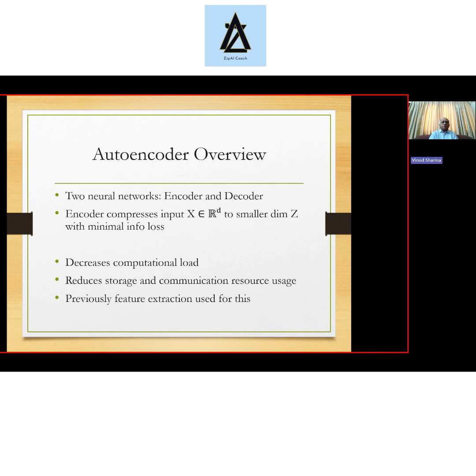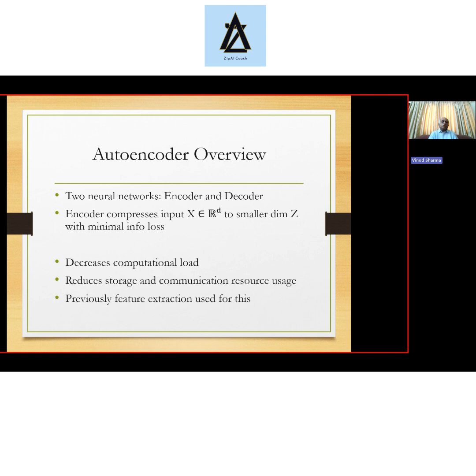The advantage of reducing the dimension from X to Z with minimal information loss is that if we work with Z, for whatever reason, the computational load will be smaller.